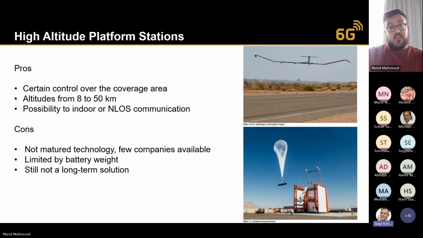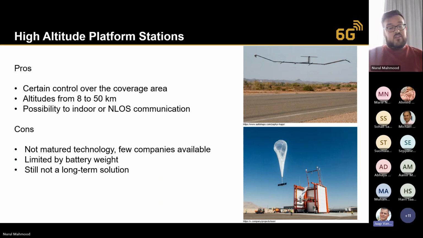And there are some other projects, and nowadays the projects going on have this kind of HAPS with the flexible wing, which is the one that you see on the top part. And then there are these other types that you can see down, the balloon type. This was discontinued by Google and then was bought by X company.